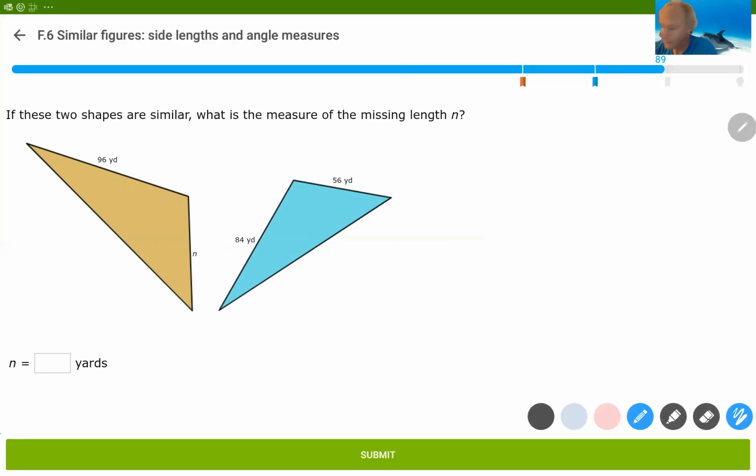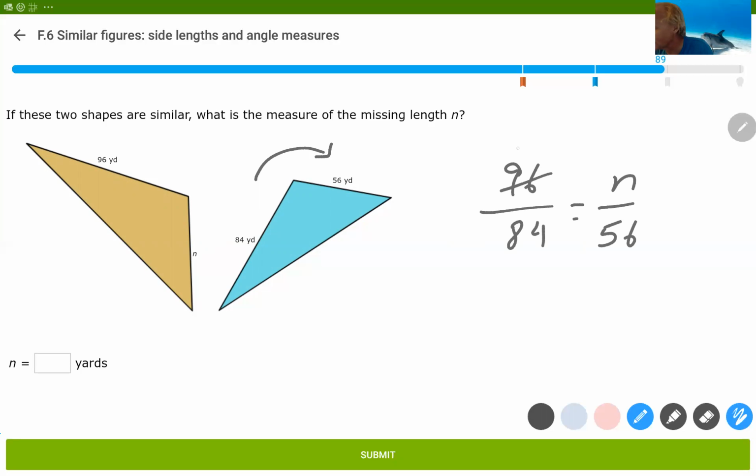So now we're going to rotate this direction a little bit. If I rotate this figure, it'll be oriented in the correct direction. So it looks like my 96 is going with the 84, and this N is going with the 56. And again, we've got a lot of simplifying going on here, but let's go ahead and divide by, it looks like 96 is divisible by 8.